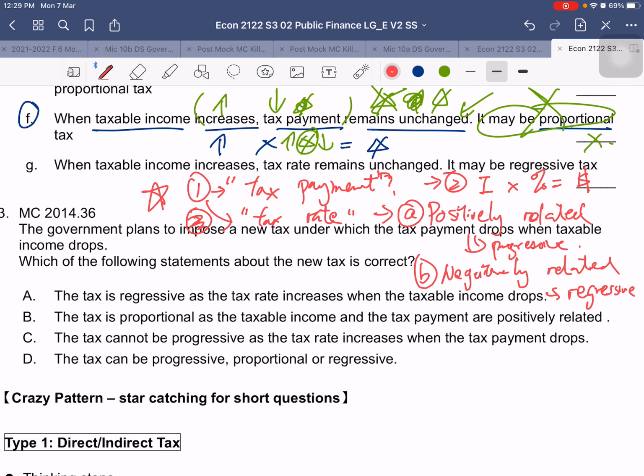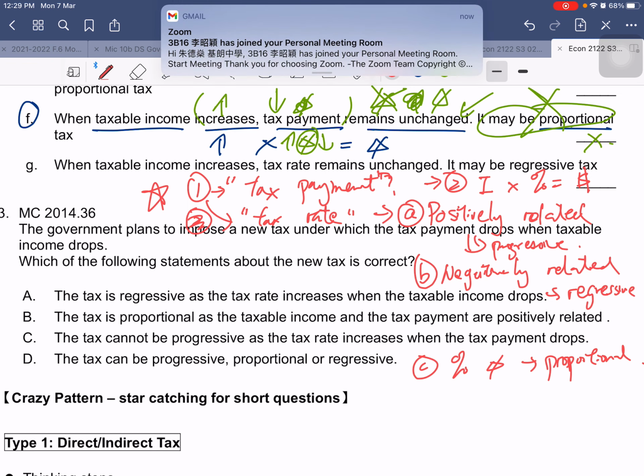And if the tax rate remains unchanged, then that will be proportional. So that is actually not that difficult if you handle the key tools. For tax payment, use the equation. For tax rate, find out whether the income and the tax rate are positively related or not. Okay, so that's all for today.